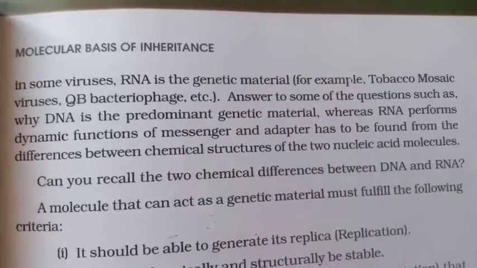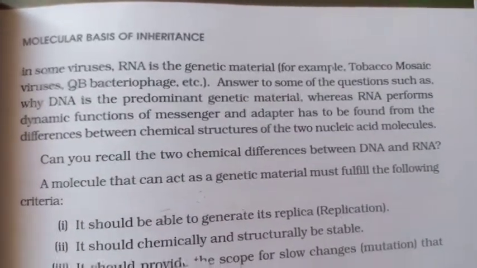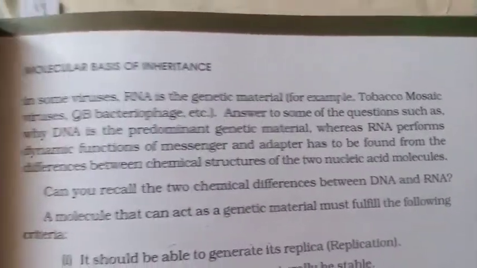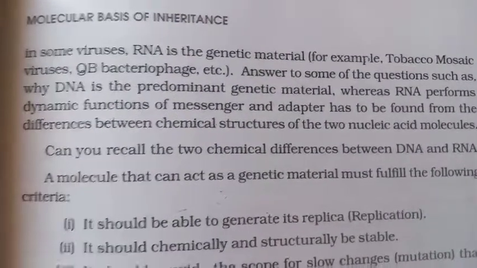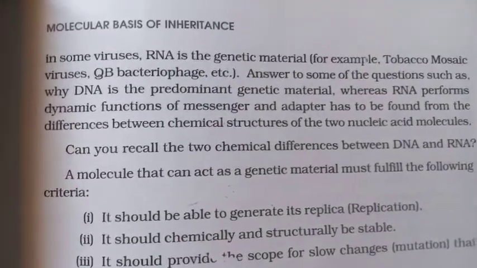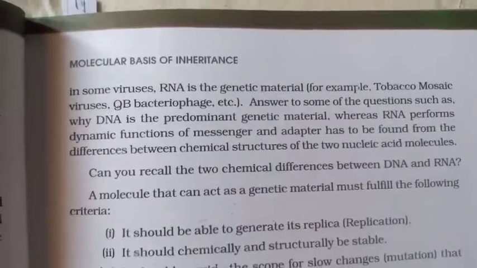Answers to some of the questions, such as why DNA is the predominant genetic material whereas RNA performs the dynamic functions of messenger and adapter, have to be found from the differences between the chemical structures of the two nucleic acid molecules. So till now we know that DNA is the chief genetic material.